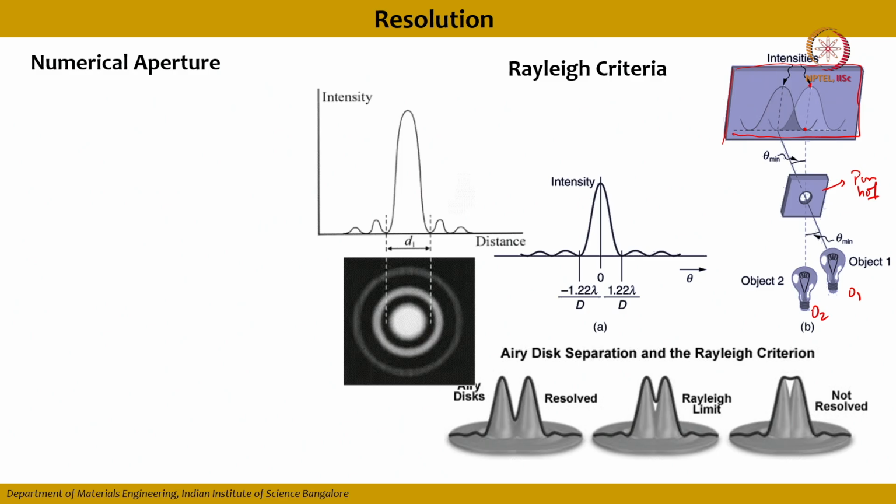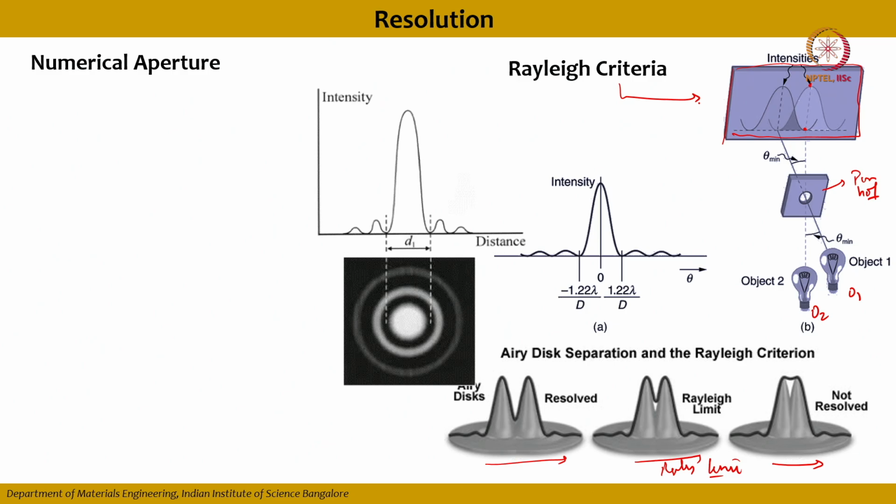This is the minimum distance which can be resolved by Rayleigh's criterion. Here you can see that the first case is resolved, the second case is the Rayleigh limit, and in the third case these two intensities are not resolved.